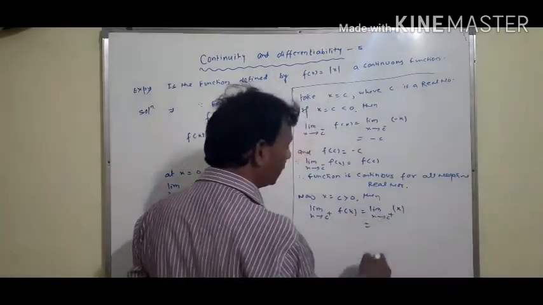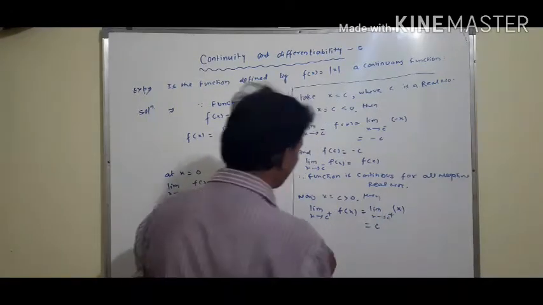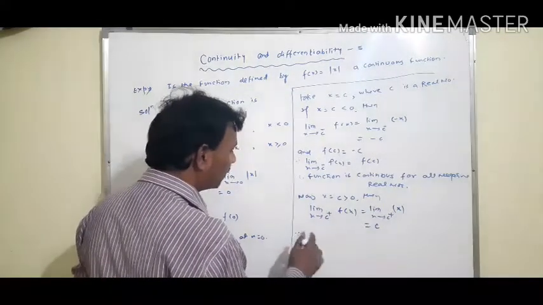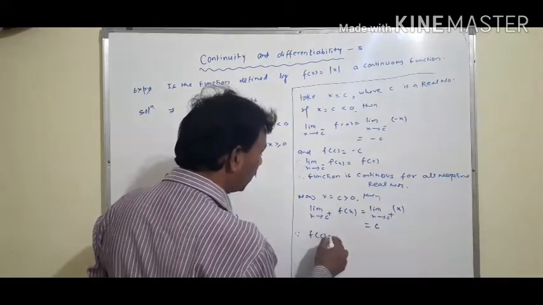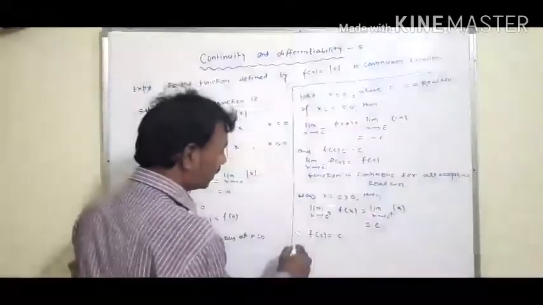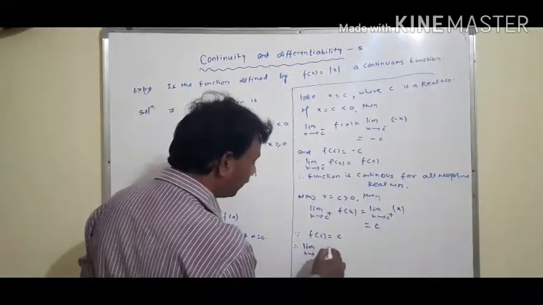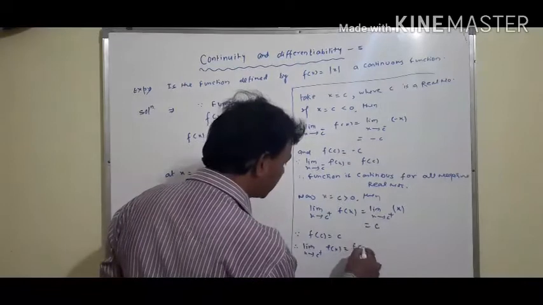If you transfer the limit, this will be c, and since the value of the function at x equal to c, f of c, is also c, therefore limit x tends to c positive of f of x equals f of c.